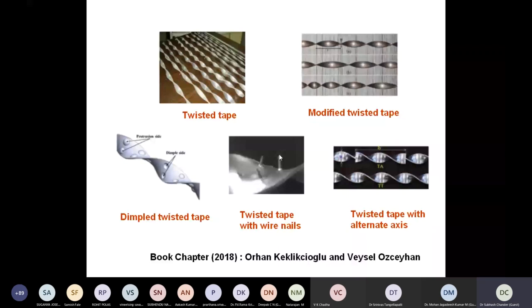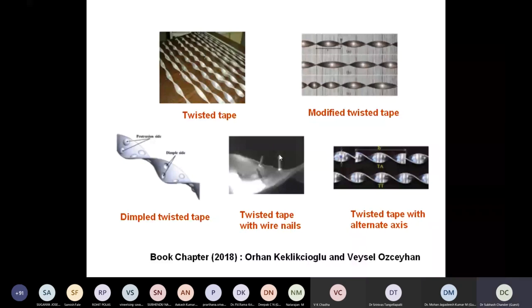Dimpled twisted tapes, people tried twisted tape with wire nails, so spikes are there, which can create some additional disturbances in the flow, because ultimately we are trying to increase the transport mechanism in the flow. We can go for numerous modifications in the flow which are ultimately going to give me enhanced heat transfer.